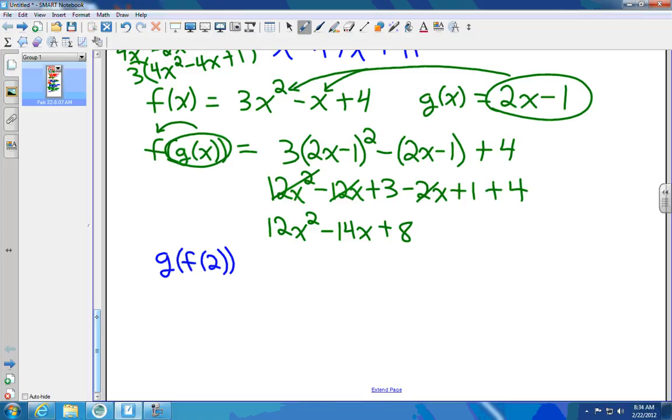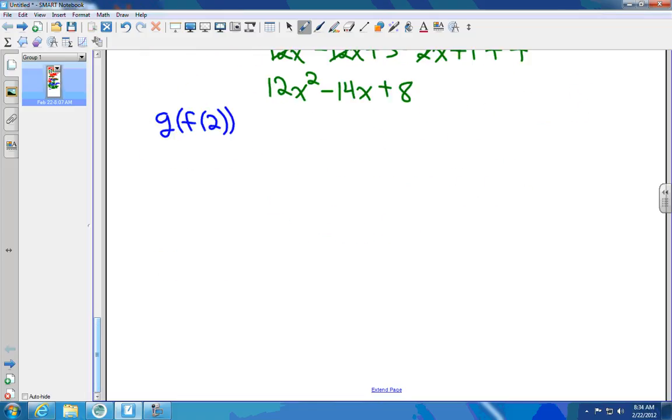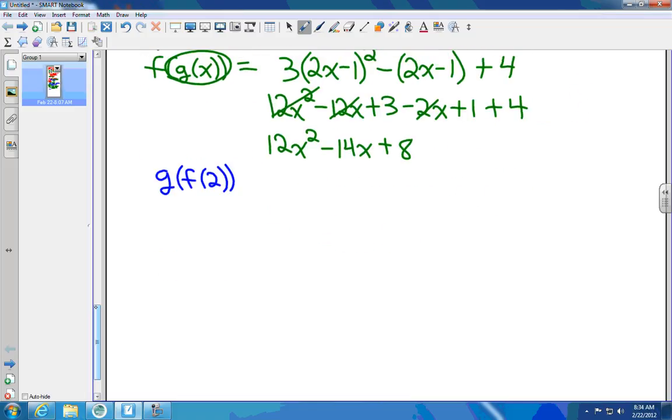So what are you going to plug in this time? You would circle this, which is F of 2, and you plug F of 2 into the G. What's the problem, though? Right, you don't know what F of 2 is. So this is a little different. These are actually kind of separate. First, you have to find F of 2, and then plug that into the G.